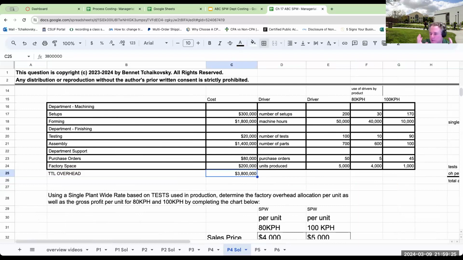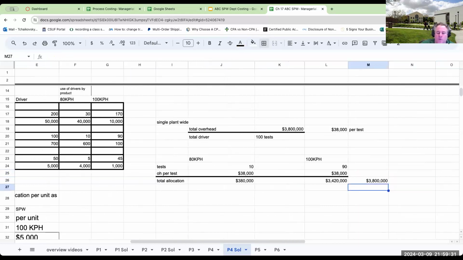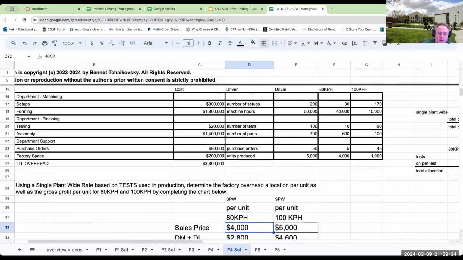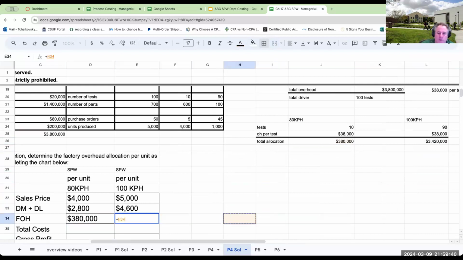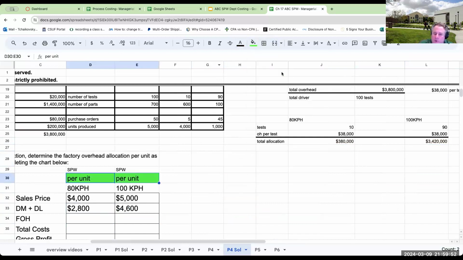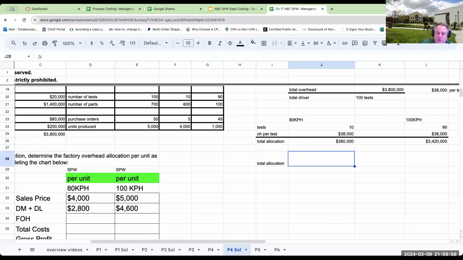Single plant wide, I'm taking the total amount of the overhead, dividing it by the relevant driver. So when we come down over here, if I were to say my factory overhead is 380,000 and this over here is 3,420,000, no, we don't do that, right? That's the total amount being allocated. We're being asked to do this on a per unit basis. So what I now need to do is take the total allocation for the 80 and the 100, and divide this by the number of units produced.